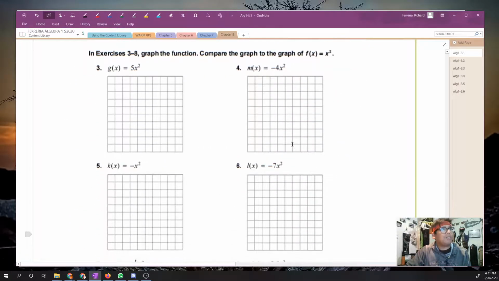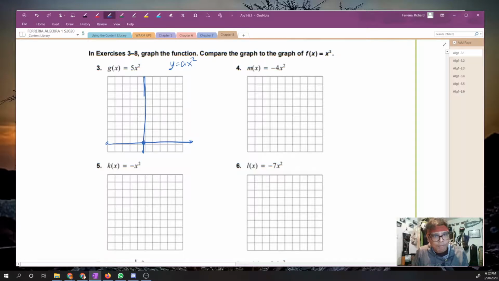More of these problems. Let's graph these guys. How about y equals 5x squared? Okay, let's make a coordinate axis here. I've told you so much about how to do these already. You know the vertex is at 0, 0 because the form is y equals ax squared. You know where those lattice points are.